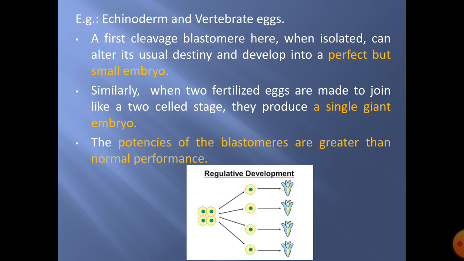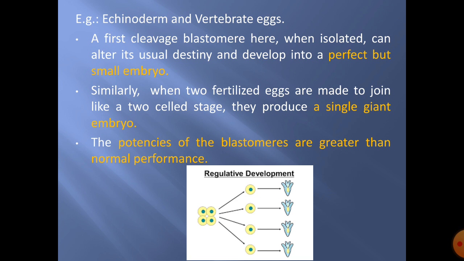Similarly, when two fertilized eggs are made to join, like at a two-celled stage, the outcome is a single giant embryo. So here, the potencies of blastomeres are greater than their normal performance, which is exhibited when there is a need.